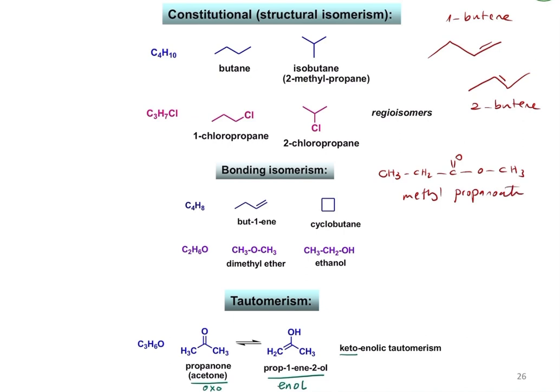It is the same, bonding isomer, with butanoic acid. Both of them have 4 carbon and 8 hydrogen, and both have 2 oxygen.